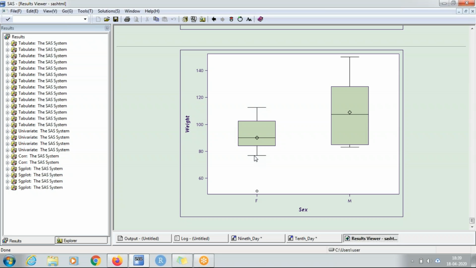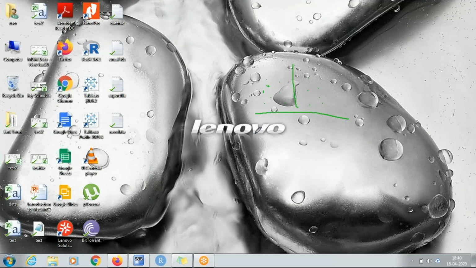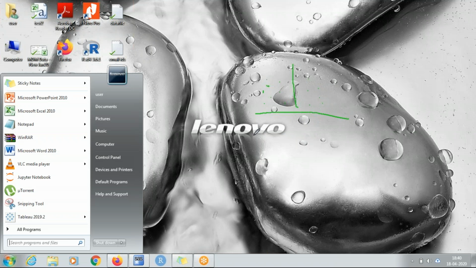Let me try to draw something for you. Let's say this is my boundary. Now here are a few data points. You can see my drawing, right? The ugly drawing. Can you see this drawing? No, let me open up a white sheet over here.